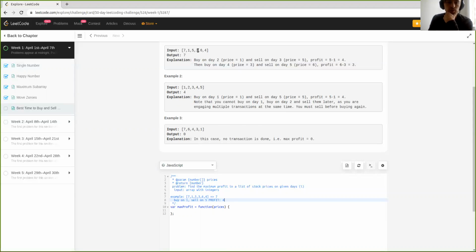So index 3, we buy on 3, which is our next valley. If we think of 1 as a valley, 5 as a peak, 3 as a valley, and then the next peak would be 6. So 6 minus 3 is 3. 4 plus 3 is 7. And then the last value, 4, there's nothing after it, so it's not a peak or a valley, it's just part of a mountain.